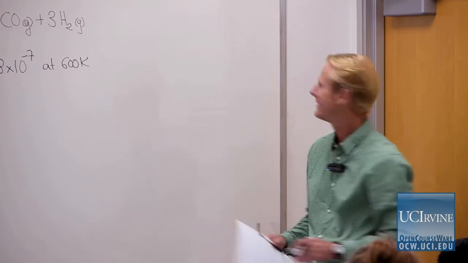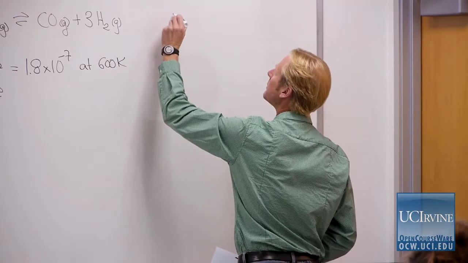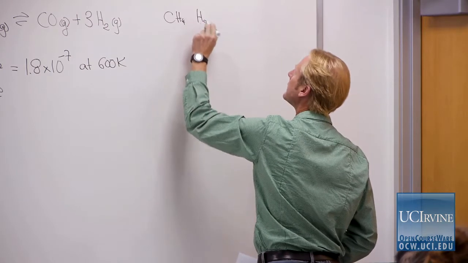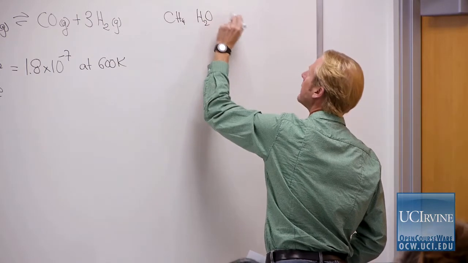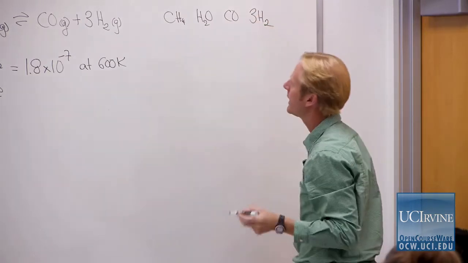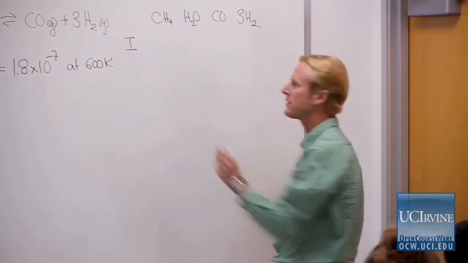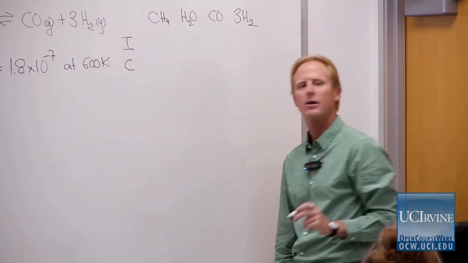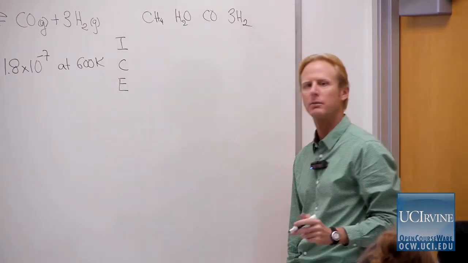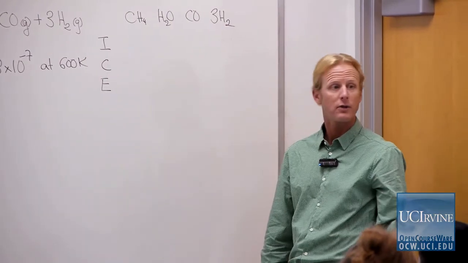Ice table, right. All right, so what is an ice table? Well, an ice table is we put in our various reactants and products. And then we write down what's the initial values of our concentrations or pressures. We express the change in terms of an unknown. And then we write down the equilibrium values, and then we plug them into the law of mass action, and we solve for the single unknown.